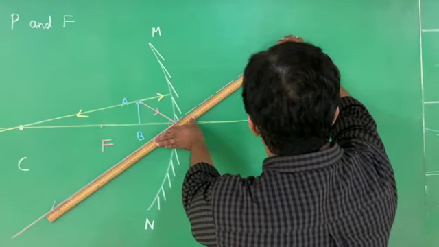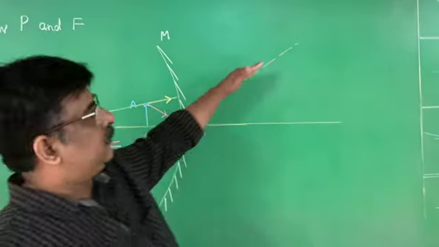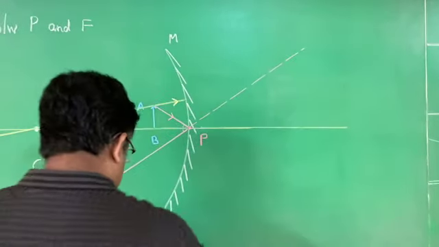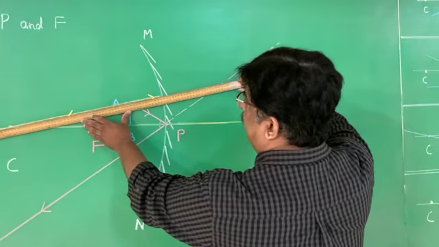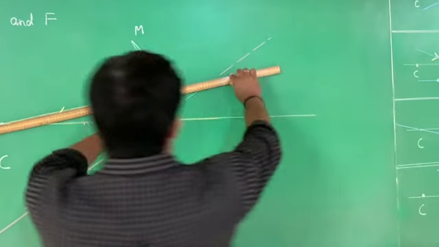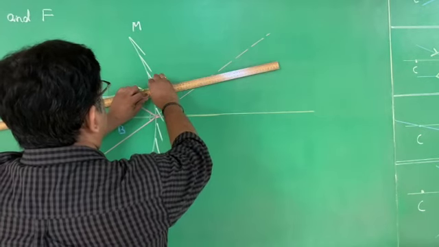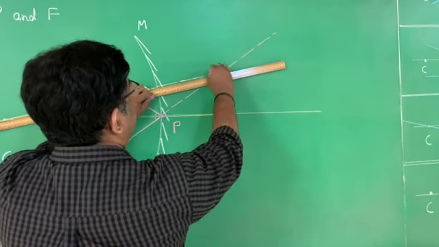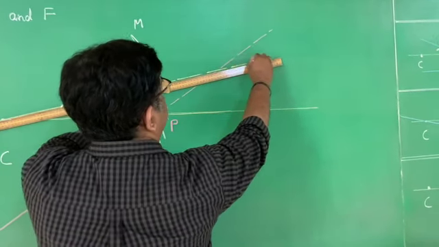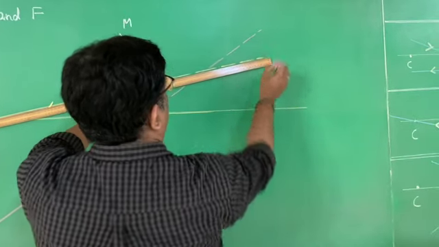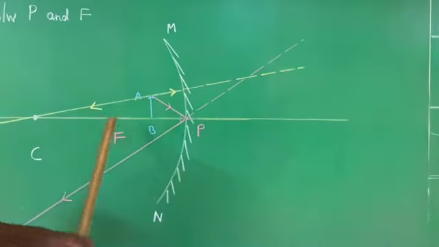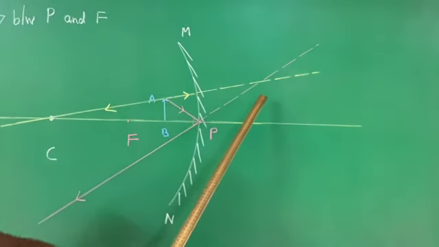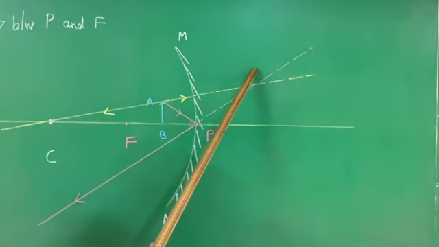See, this ray is extended backwards. The same way, another reflected ray, which is passing through the center of curvature, is also extended backwards. Two reflected rays are extended backwards. Behind the mirror, these two rays are going to intersect.